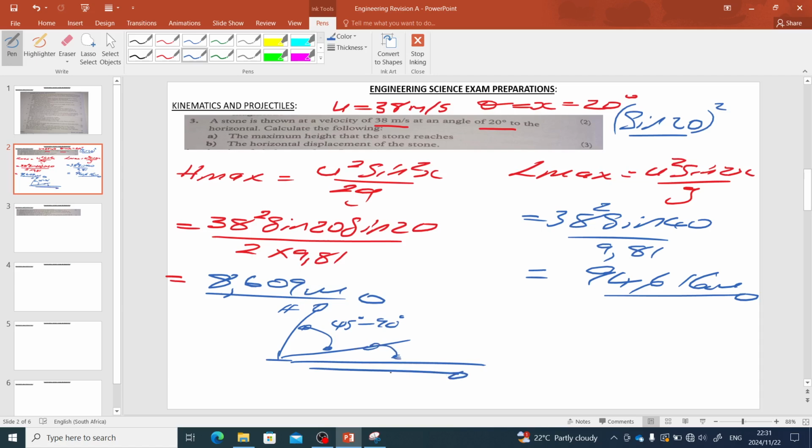Then we'll cover the greatest range. So for greatest height, it has to be 45 degrees to 90, and for range, 45 degrees to 0 degrees. All right, this is how you tackle this question.